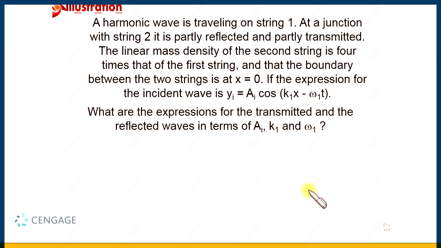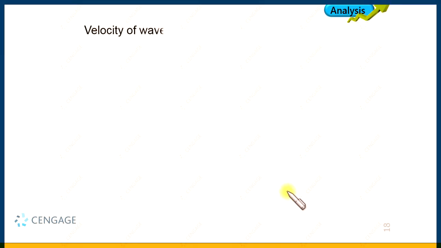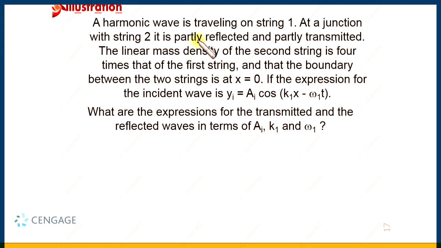Let us move to calculate first the amplitude of the transmitted and reflected wave, right? We have the formula for the velocity of the wave in the string. This is v equal to under root T divided by mu, right? In our question, it is given the wave is traveling in two strings. These are connected one after another. This is string 1, the junction, that is the boundary, and then string 2.